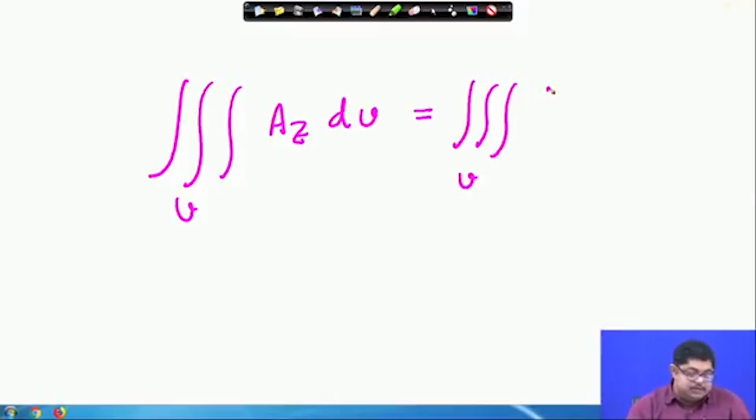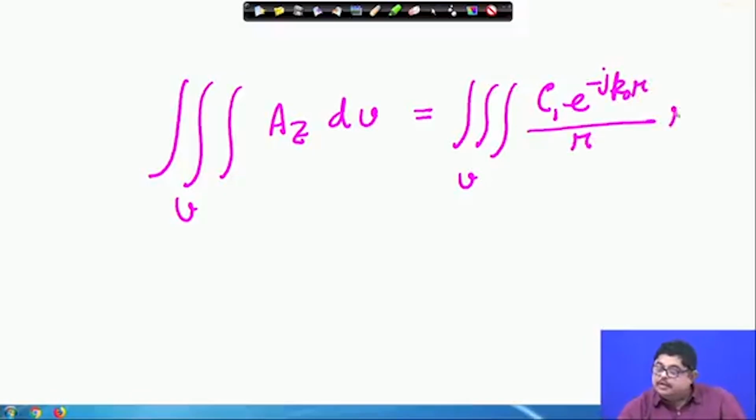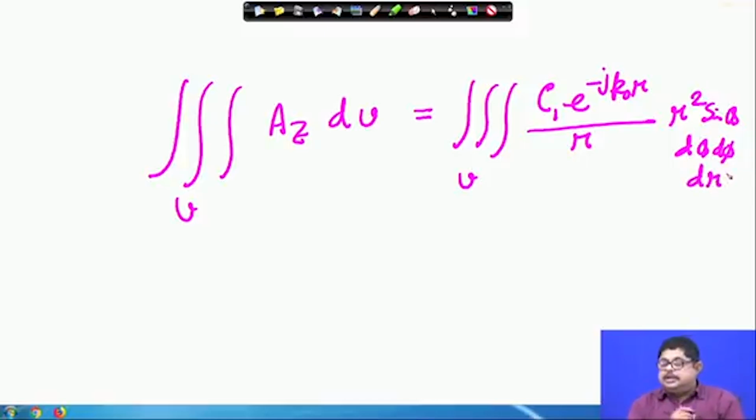It is C1 e to the power minus j k naught r by r, times r square sin theta d theta d phi dr. This is our dV in spherical coordinates, r square sin theta d theta d phi dr. So, this term you see is proportional to r.